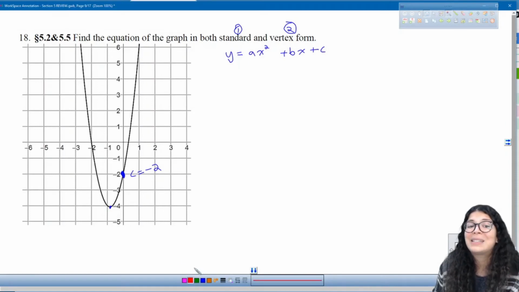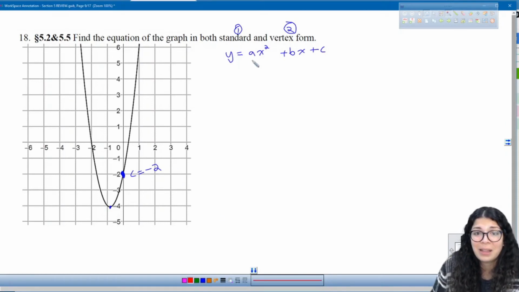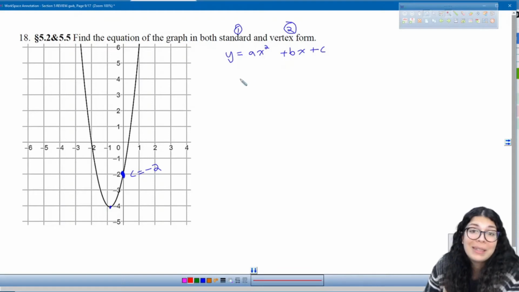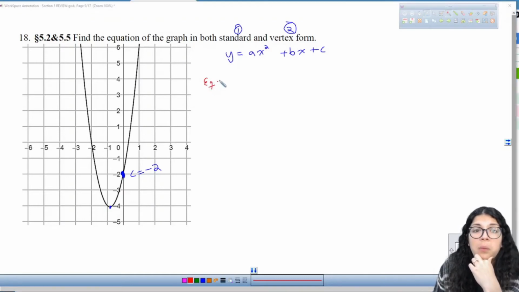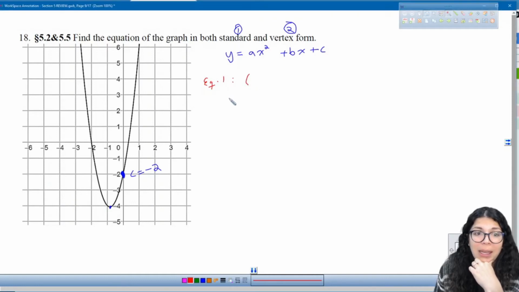Now, I still don't know what a is, and I don't know what b is, okay? So what I'm going to have to do is write a system of equations. One equation will be with one random point, any random point on the graph. Let's go ahead and pick this one right here, which is the point -2, 0. And then another random point.